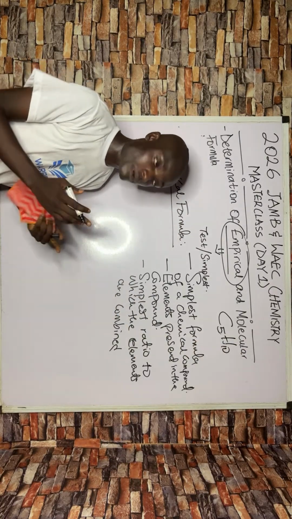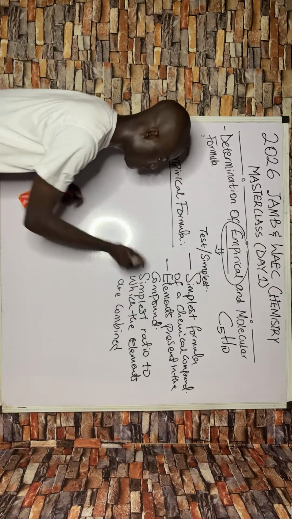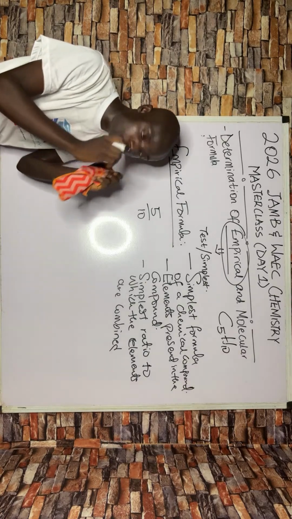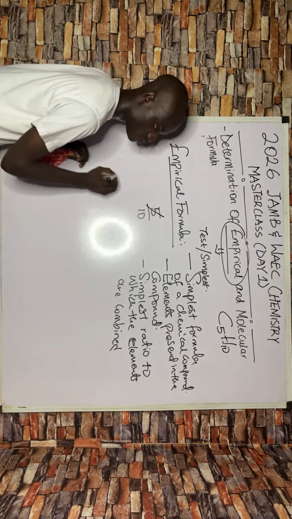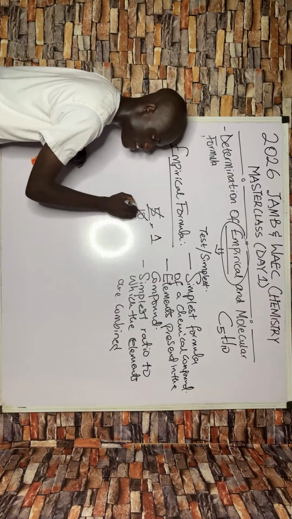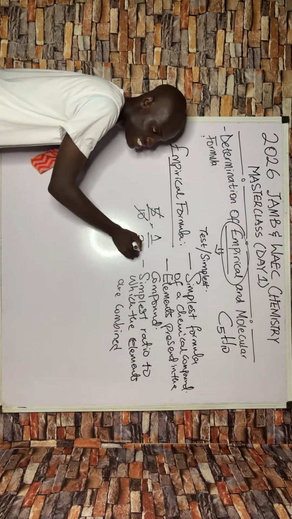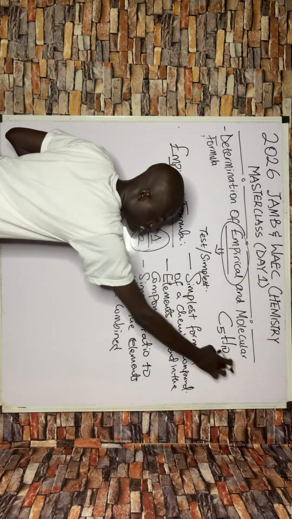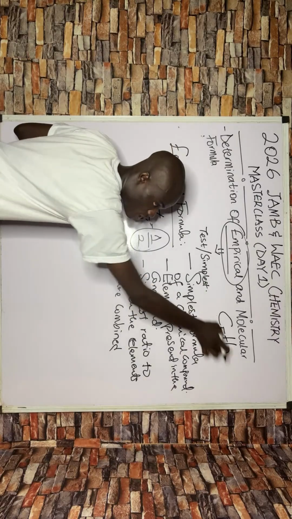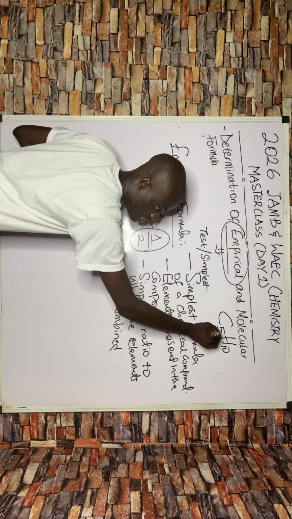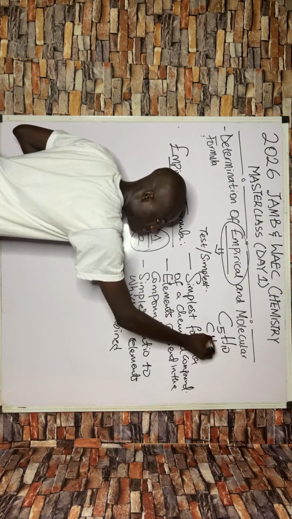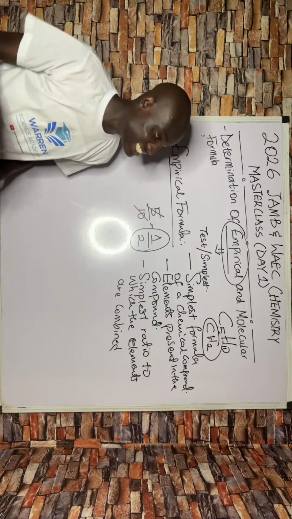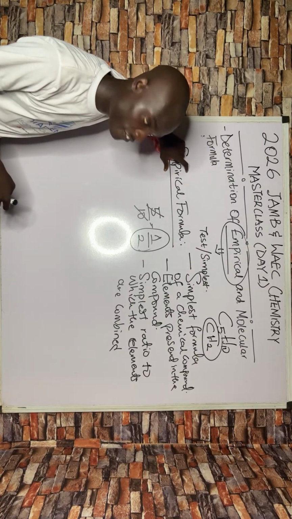If you remember your primary school mathematics, if I have a fraction, let's say 5/10, I can break it down to a very simple form, in the sense that 5 can cancel 5 to give us 1, then 5 can cancel 10 to give us 2. So this is the simplest form of this fraction. So if I have C5H10, I can divide both of them by 5 and I'm going to end up having CH2.